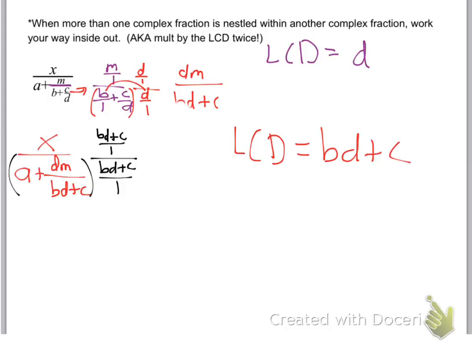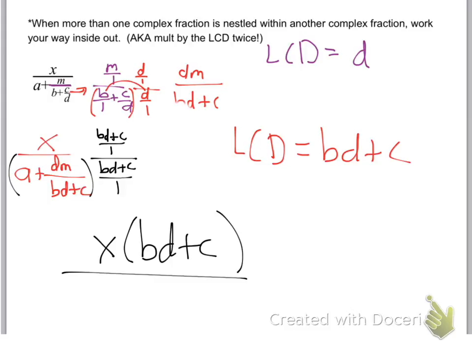These look complicated. We're saying, oh, it's not a complex fraction anymore, but it has a whole bunch of variables, Mr. Konchak. It does, but there's no fractions within fractions. What happens when I multiply across the top there in the numerators? Is anything going to cancel? No. And since the whole idea is to simplify things, am I really going to distribute the x to the bd and the c? No. I'll leave them separate.